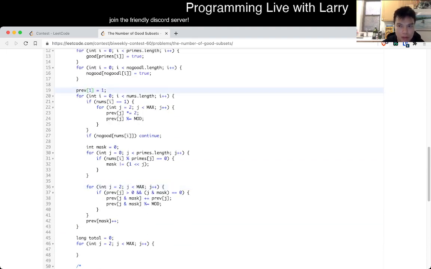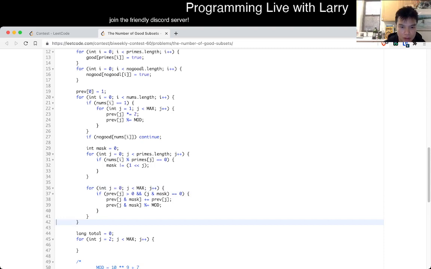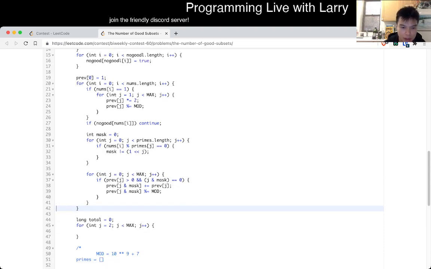Okay, so 0 means no numbers, not 1. That means that this is 1, then we start at 1, and then we double all the components. Okay, man, that's a silly mistake. Now that means that this could be 0, and then I don't need to do this. Okay, and then now we just sum everything from here.